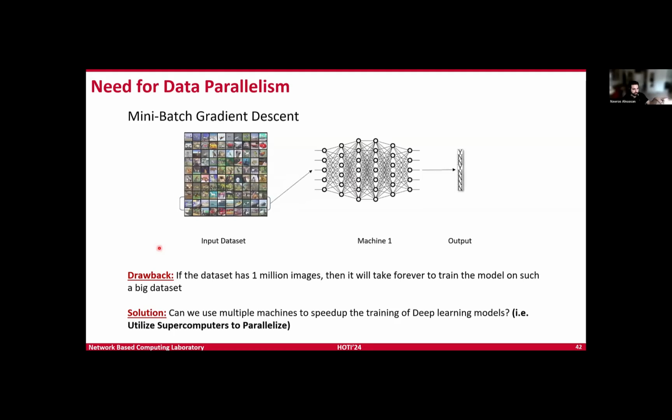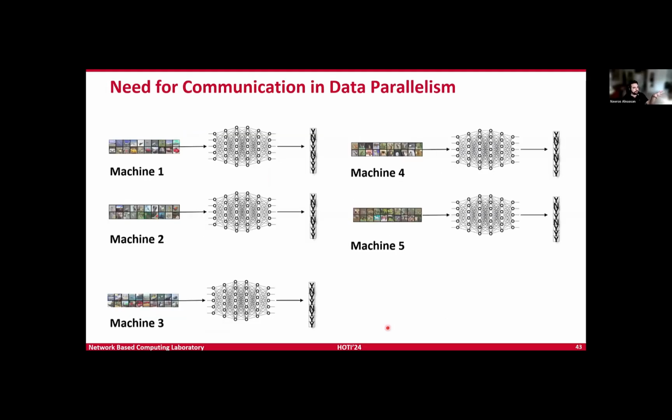So with data parallelism, why do we need it? If you have 1 million images, or more than that, 100 million images, it will take forever to train a model on a single machine. The solution is, let's use multiple machines and see what happens. Now we have 5 machines. Each one has a replica of the model. Each machine is seeing different data samples, and we get different outputs, right?